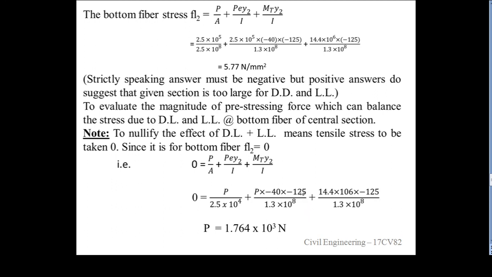Here it is negative because it is the bottom fiber stress, plus 14.4 into 10 raised to 6 into minus 125 divided by 1.3 into 10 raised to 8. Solving this equation, P is equal to 1.764 into 10 raised to 3 Newton. In kilonewton, this is 1.764 kilonewton.